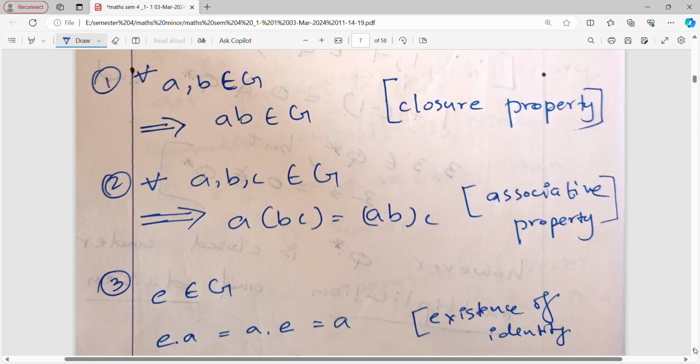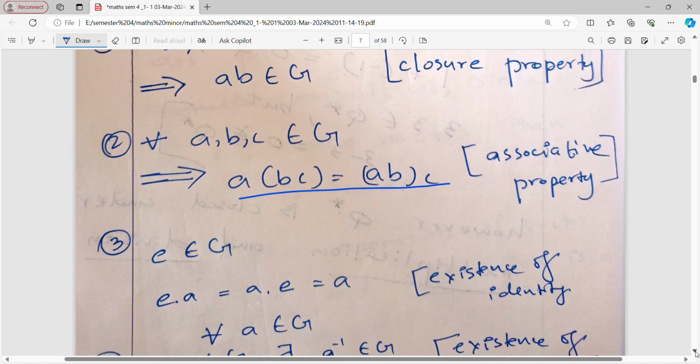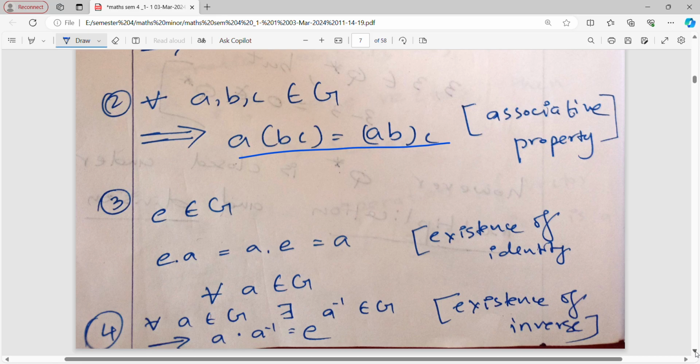For all A, B, C belongs to G, this happens. Then existence of identity. E belongs to G. In all groups there must exist an element E for which multiplication with it will reflect the same element which you used for that operation.